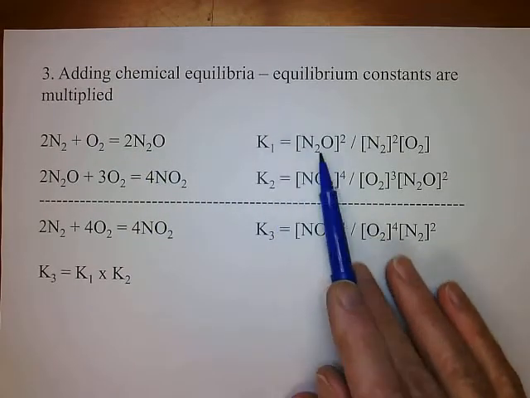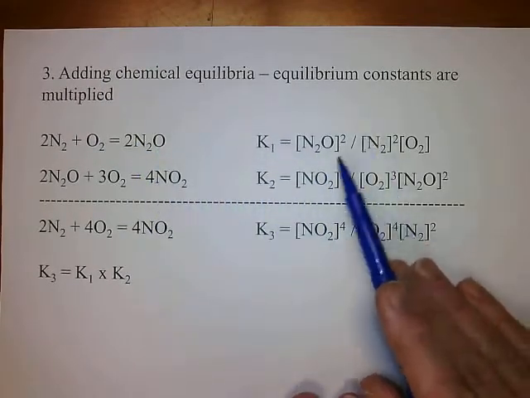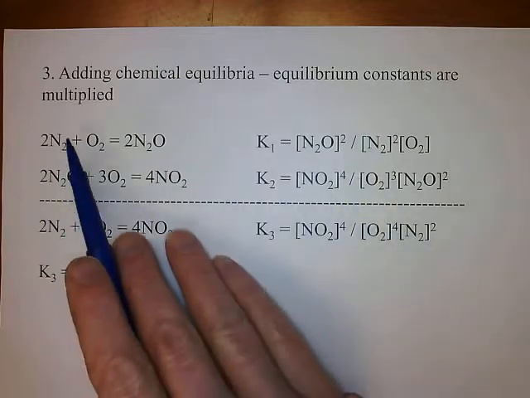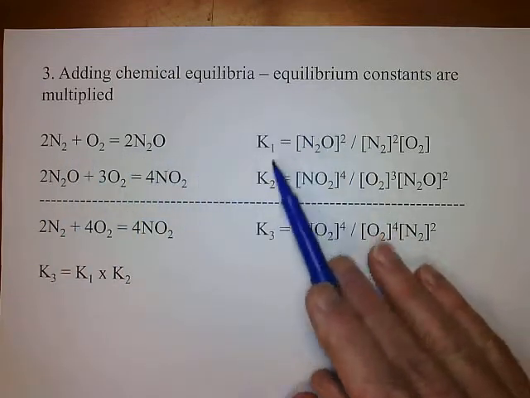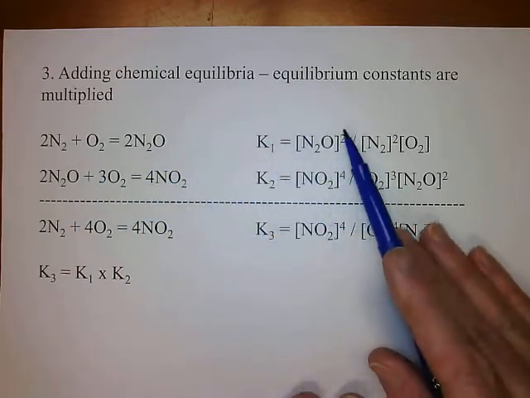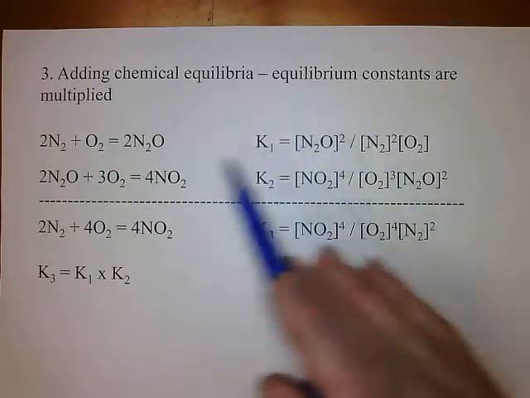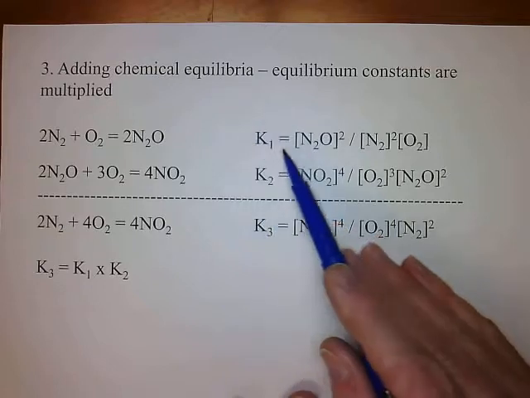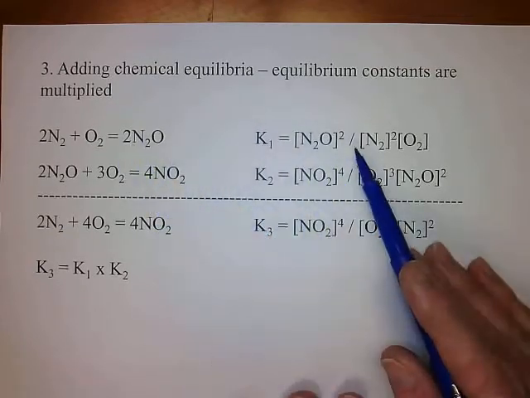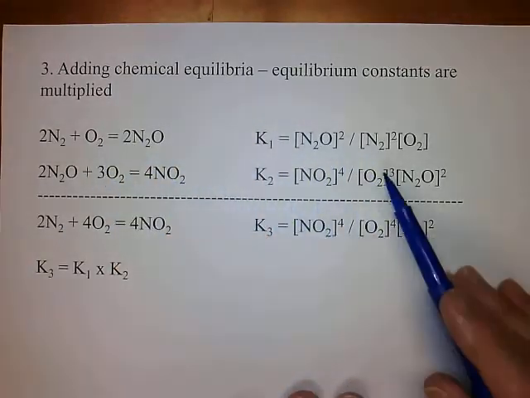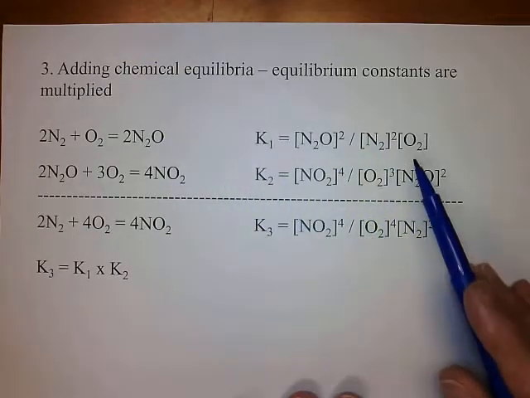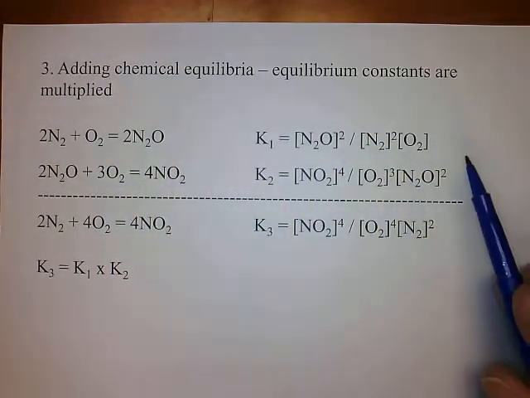Then our first equilibrium constant, one more time, is products over reactants, and the concentrations are raised to the power of the coefficients. So the concentration of N2O squared divided by the concentration of N2 squared times O2.